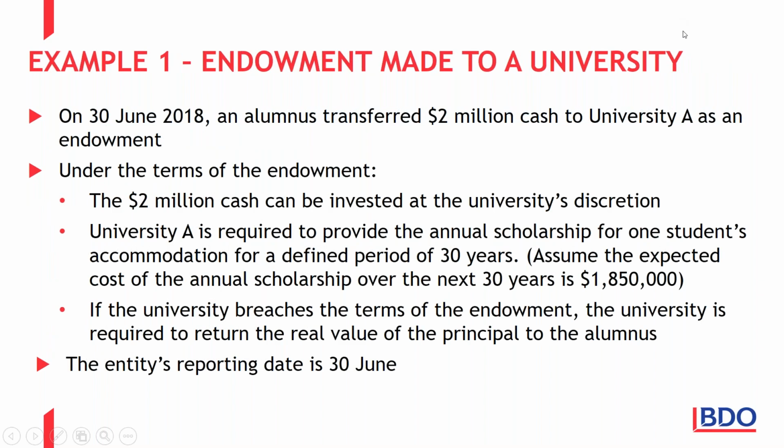However, I thought let's try and provide some example of how a not-for-profit entity would apply AASB 15 and when they would apply AASB 15. So the first example I've included is on the 30th of June 2018, an alumnus transferred 2 million cash to University A as an endowment.